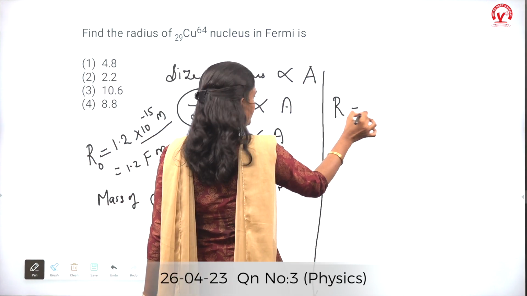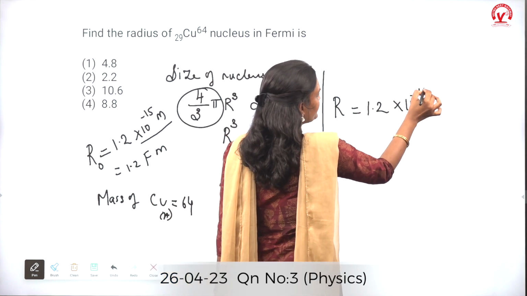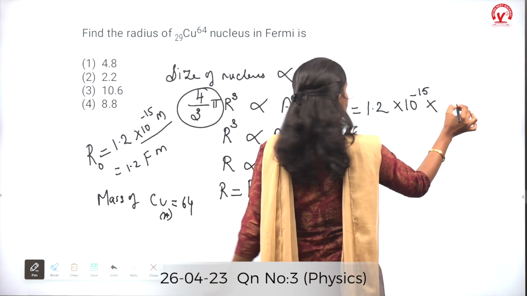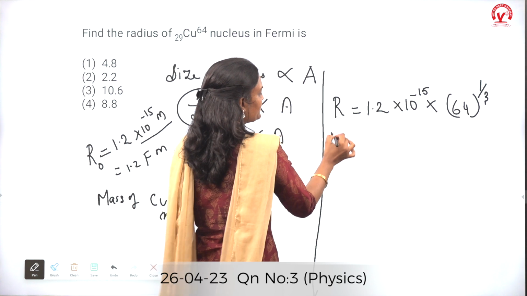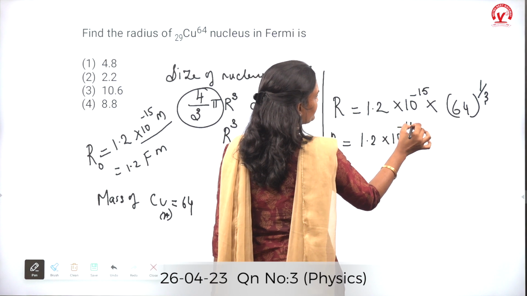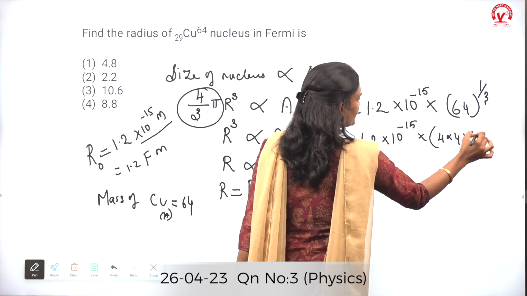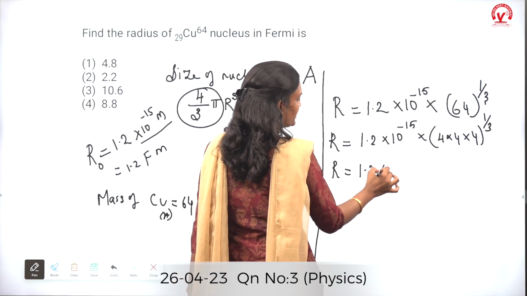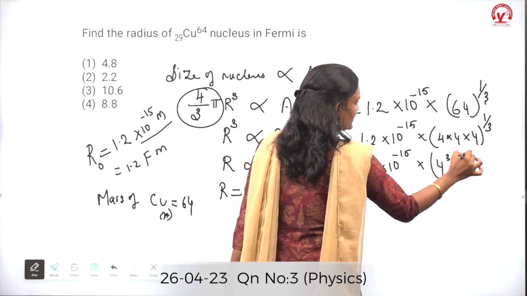So R is equal to R naught, 1.2 into 10 power minus 15, into A power 1 by 3, where A is nothing but 64. Now this can be written as R equal to 1.2 into 10 power minus 15 into 64, which can be written as 4 into 4 into 4, the whole power 1 by 3. So R is equal to 1.2 into 10 power minus 15 into 4 cube the whole power 1 by 3.